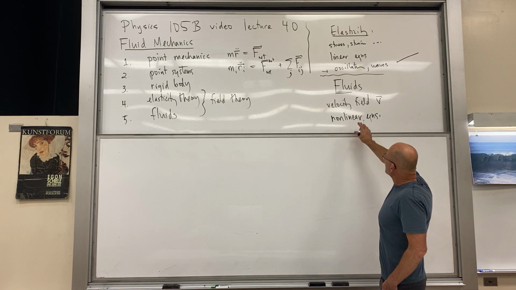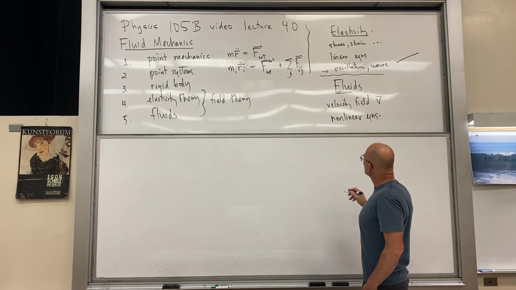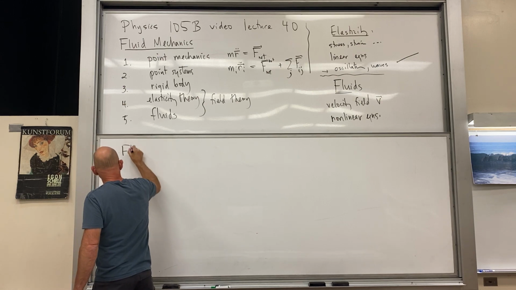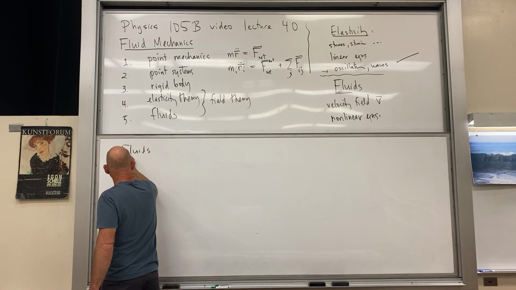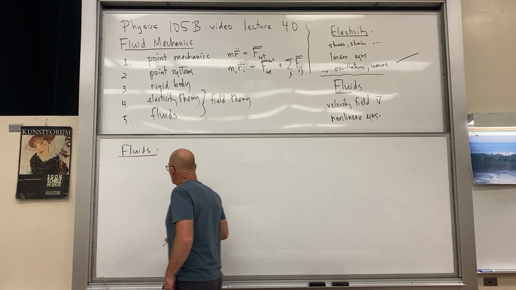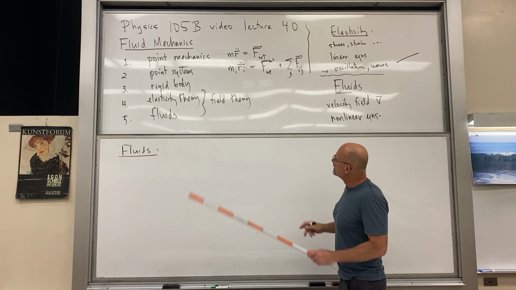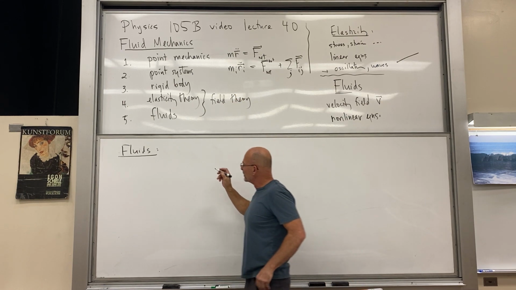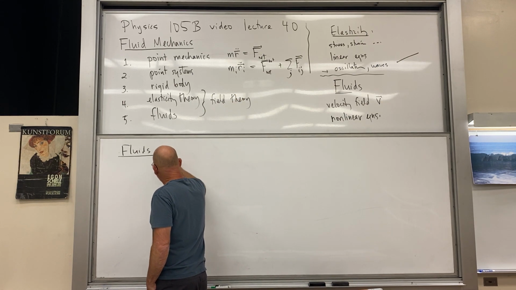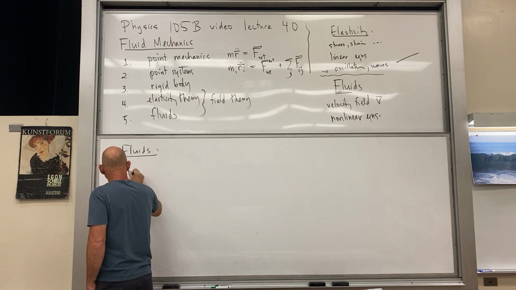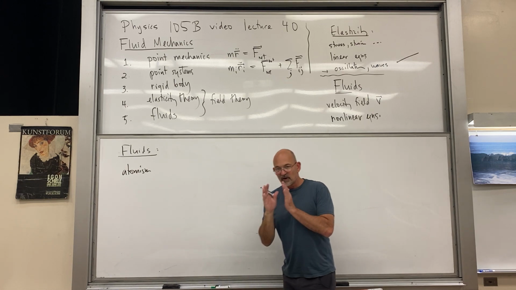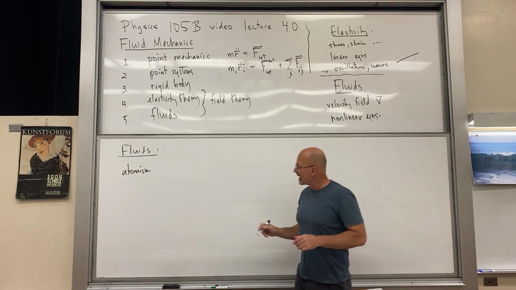So let's continue the characterization of the fluids a little more systematically. So once again, the relation to point mechanics can be stated as follows. So we have atomism, and so we know that in a very small volume there is still an enormous amount of particles.